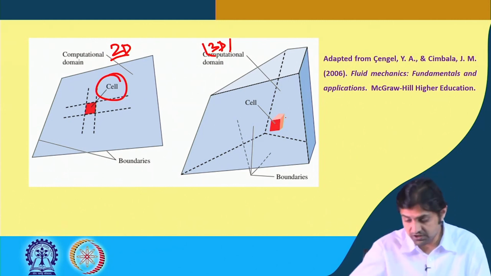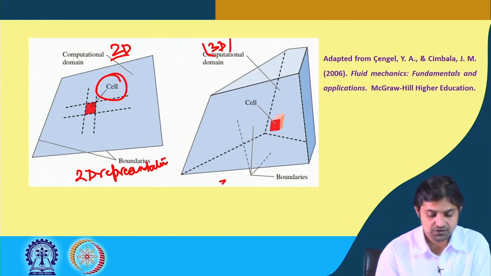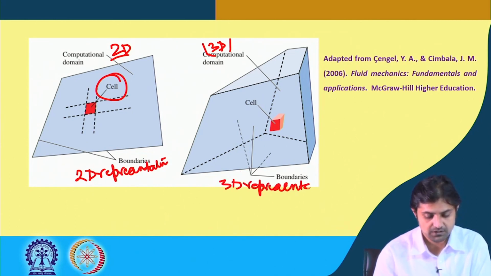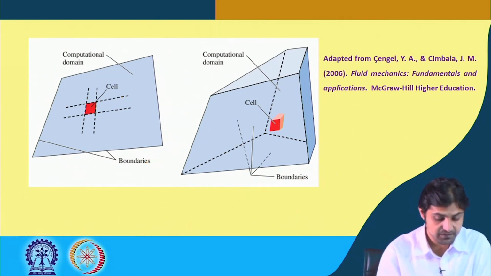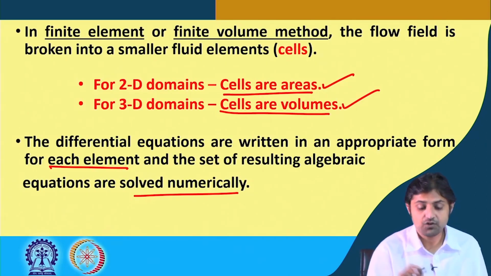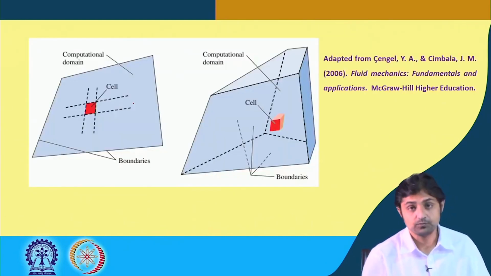Or you can also think in a way that for the same object we have shown a 2D representation, and we have shown a 3D representation. It's up to you how you want to take it, but the main message that needs to be conveyed here is that for 2D domains these cells are areas, and for 3D domains these cells are volumes.